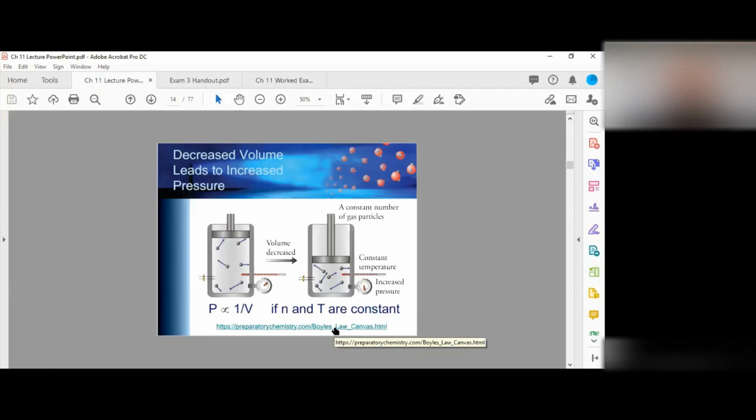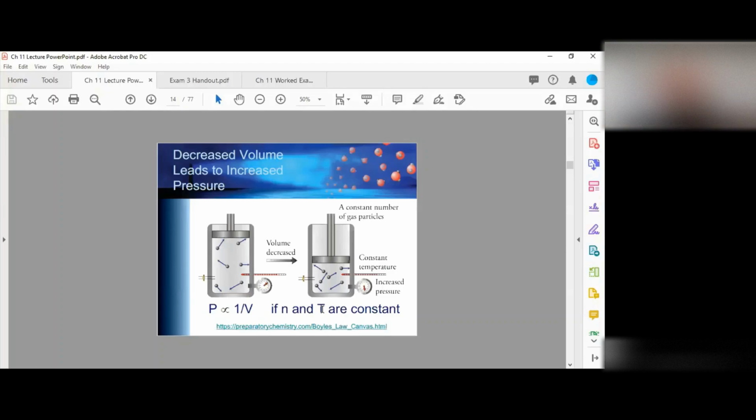But that law is valid if the other two variables are constant, which is the amount, which is moles, and temperature. So Boyle's law, once again, states that the pressure and volume are inversely proportional, and it has to be at a constant temperature and amount.